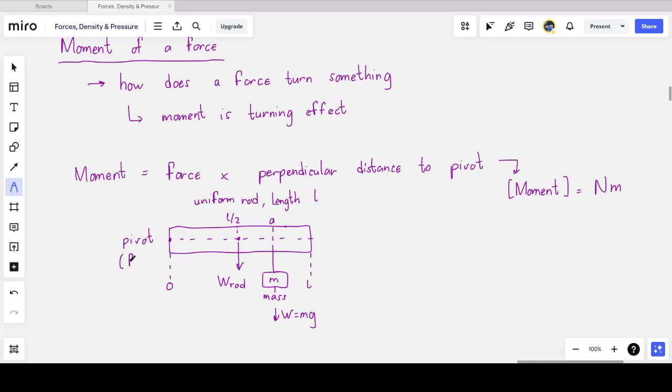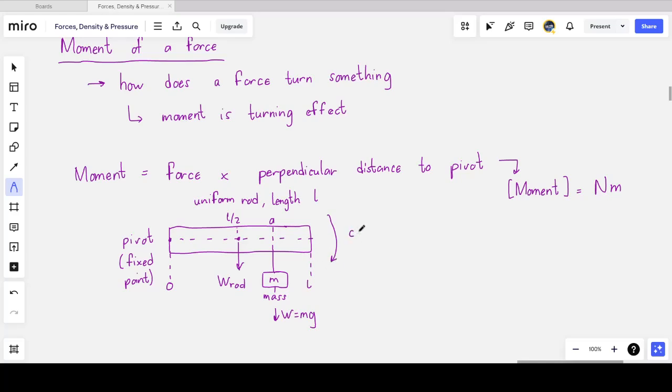I was going to tell you what a pivot was. The pivot is the fixed point around which this object can rotate. So think about what's happening. I have the weight of the rod pulling it down. I have a mass attached to the other end. So if I have my pivot, maybe some hinge on a wall, what's going to happen is there's going to be a clockwise rotation because the right end is not fixed.